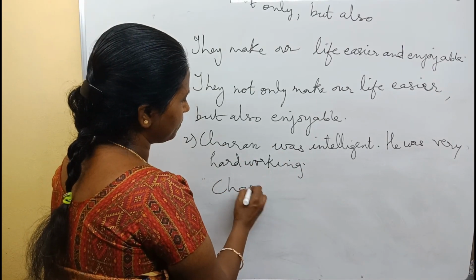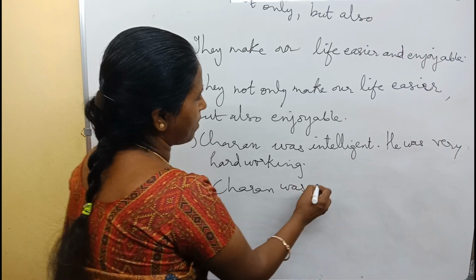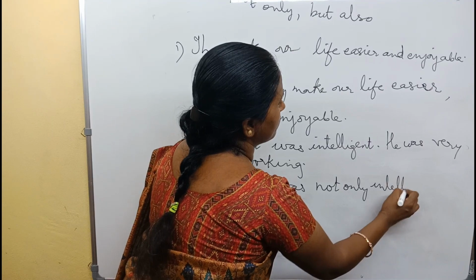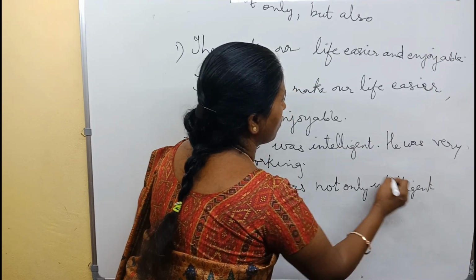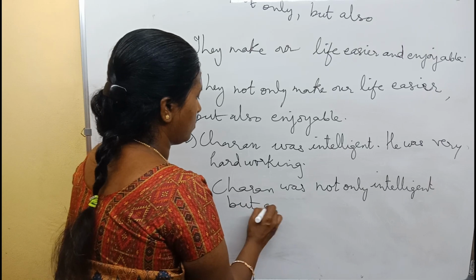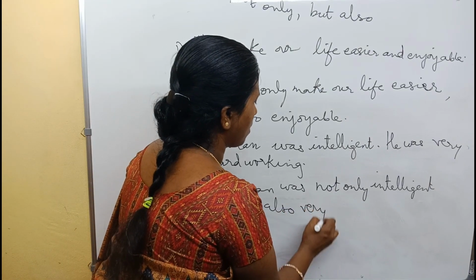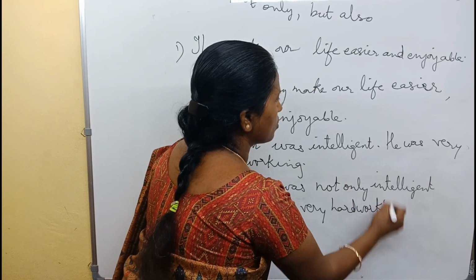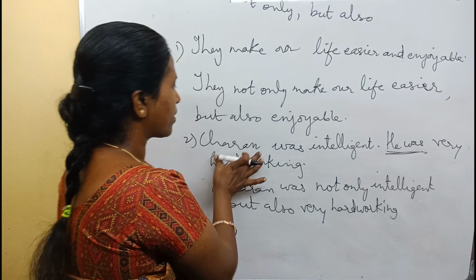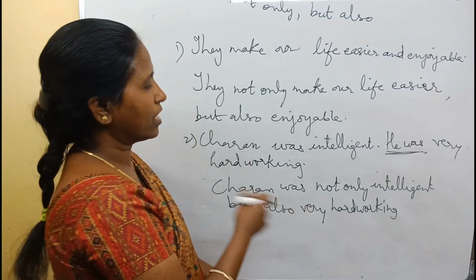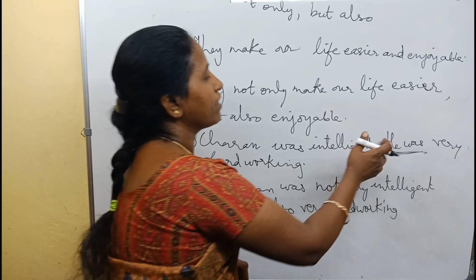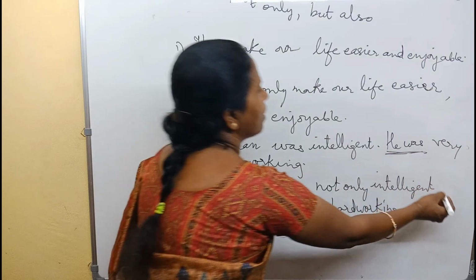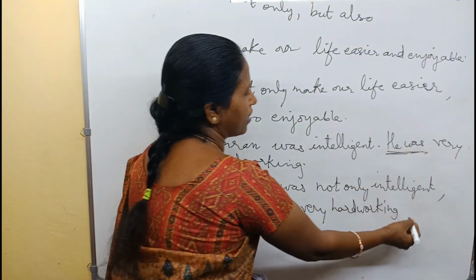Okay, Charan was not only intelligent but also very hardworking. Here we will avoid the repetition of he was. We will delete this because already we have written Charan was and we are combining the sentence. We will remove the he was. Okay, Charan was not only intelligent but also very hardworking.